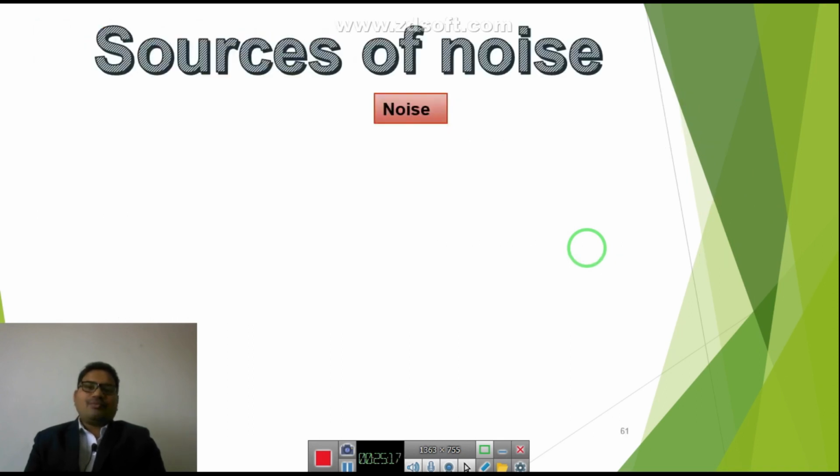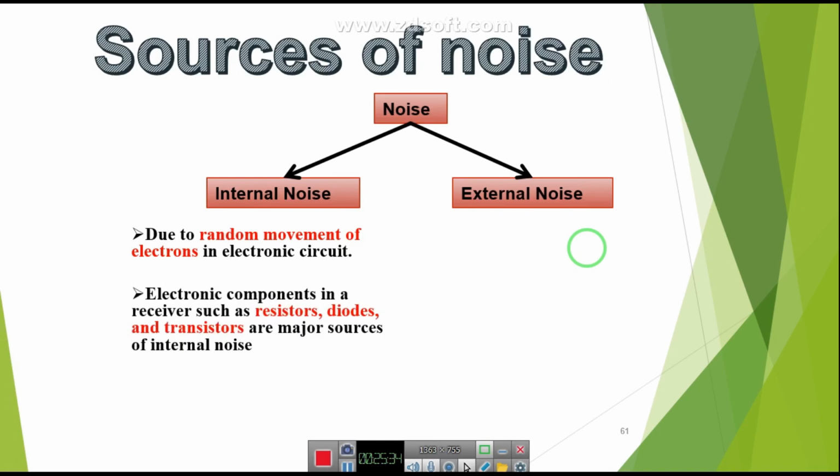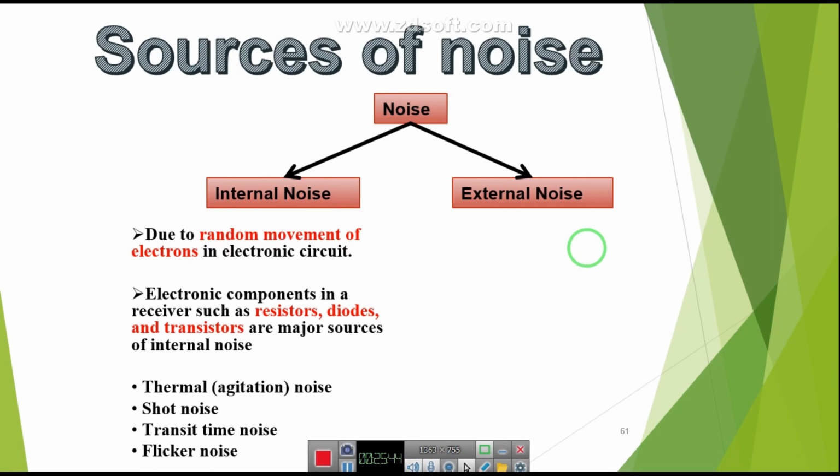As we came to know, the sources of noise are internal noise and external noise. So what is internal noise? Internal noise is created due to random movements of electrons in electronic circuits. Electronic components in a receiver such as resistors, diodes, and transistors are major sources of internal noise. What are the different types of internal noise? It could be thermal noise, shot noise, transit time noise, or flicker noise.